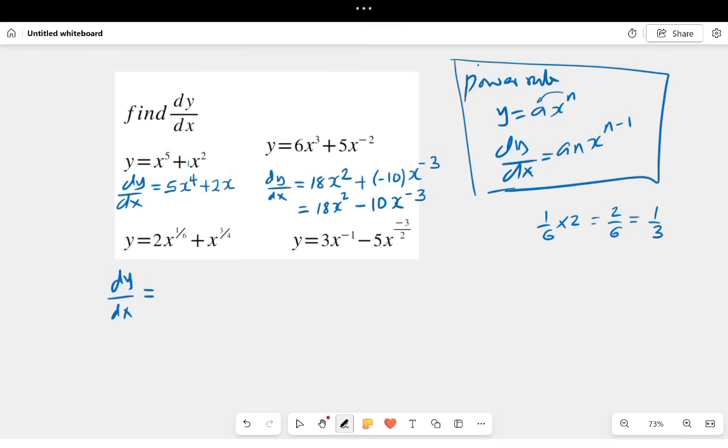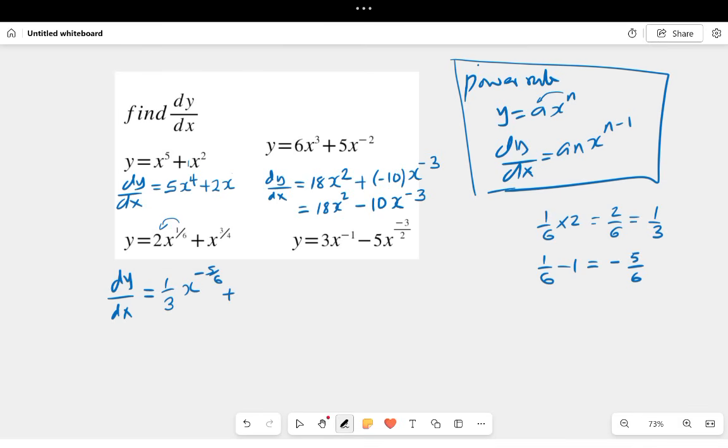Therefore, for the first case here, we are going to have 1 over 3 x. Now, what is 1 over 6 minus 1? 1 over 6 minus 1 is actually going to be negative 5 over 6. Therefore, it's going to be to the power of negative 5 over 6.